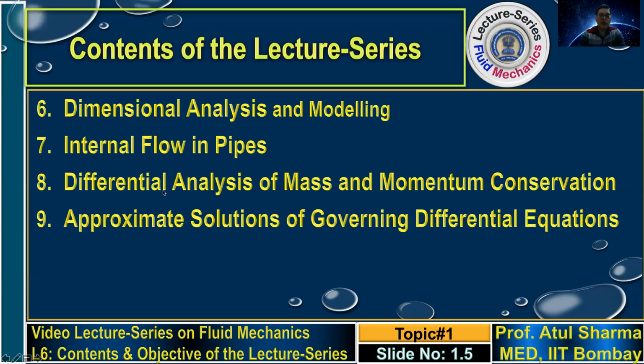However, for a general fluid mechanics problem, the solution of this system of differential equations is not possible, and we have to go to computational methods. However, for some simple situations, there are certain analytical or approximate solutions which are possible. These approximate solutions will be presented in this topic using the boundary layer theory and potential flow theory.